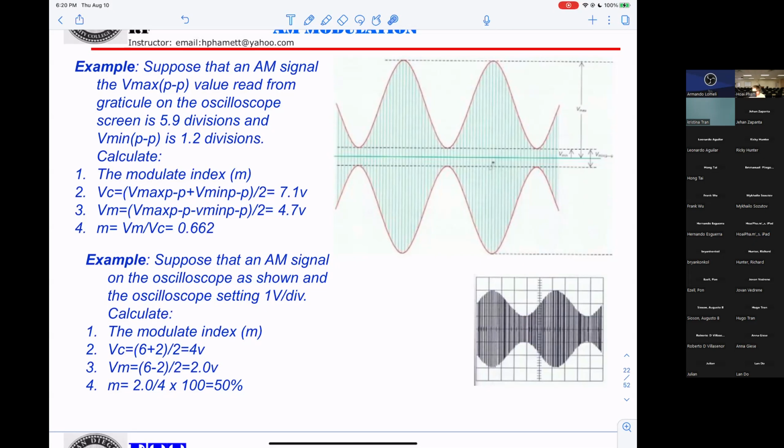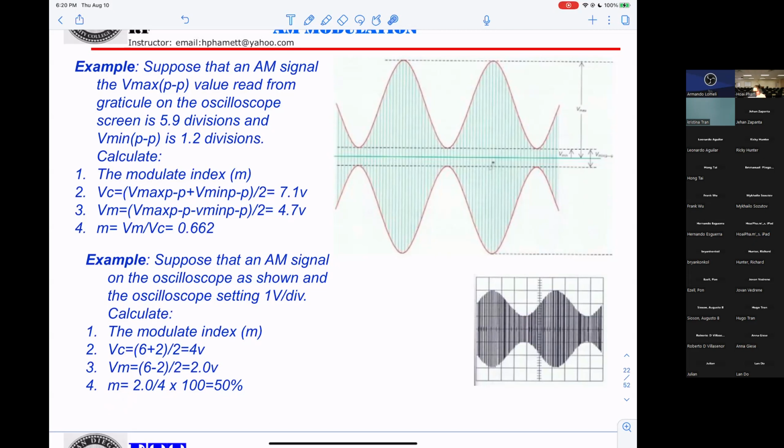So V carrier is 4 volts and VM is 2.0 volts. And if you want to calculate the m, take VM divided by VC, you get 50%.